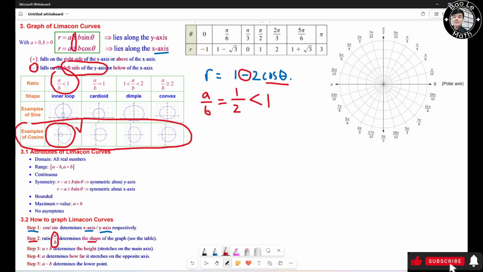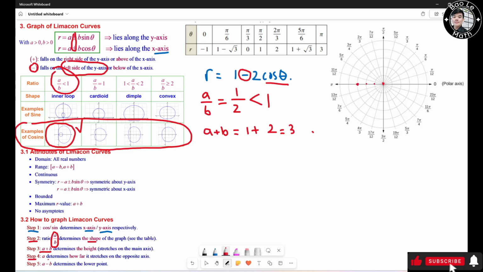Now, a plus b equals 1 plus 2 equals 3. It tells us that the graph stretches 3 units on the x-axis. So this is 0, 1, 2, and 3 right here.